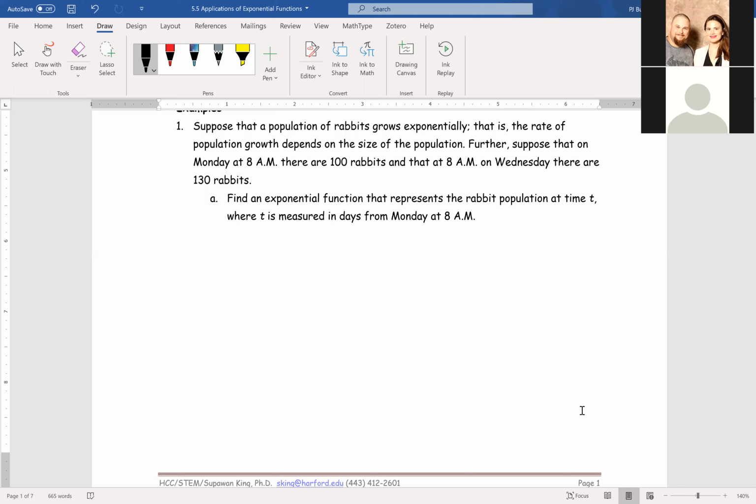So we're given 2 points here. We're given that at time 0, Monday at 8, because time is measured days from then, that there are 100 rabbits.